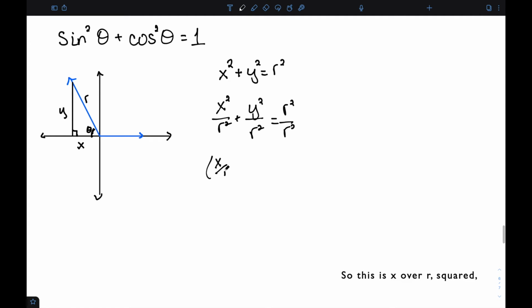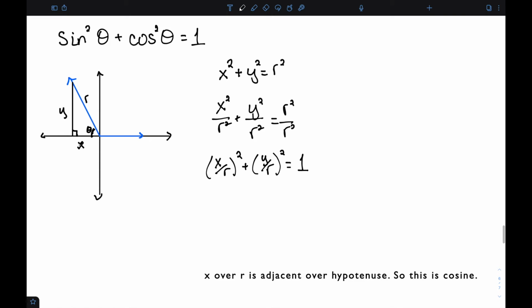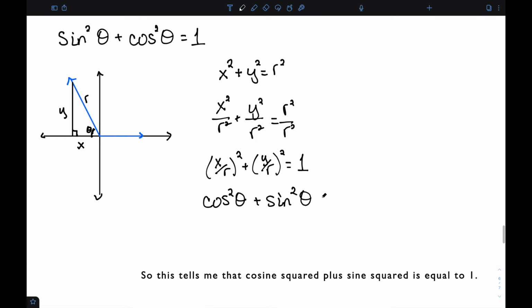So this is (x over r) squared plus (y over r) squared is equal to 1. x over r is adjacent over hypotenuse, so this is cosine. y over r is opposite over hypotenuse, so this is sine. So this tells me that cosine squared plus sine squared is equal to 1.